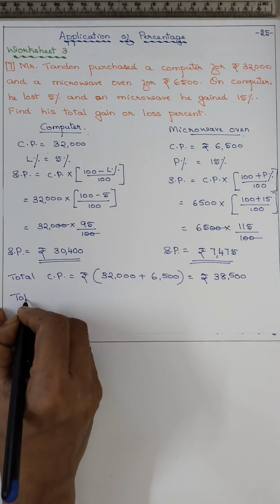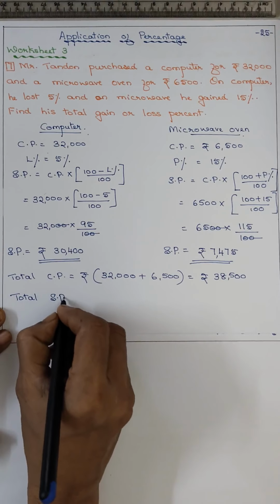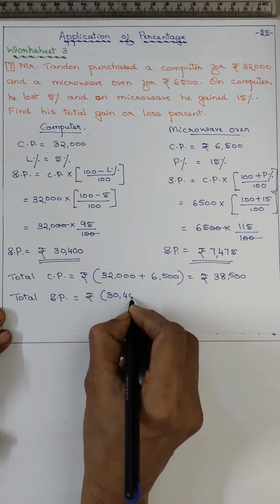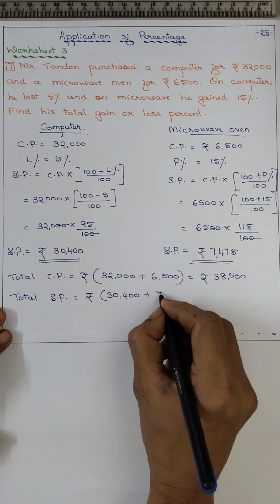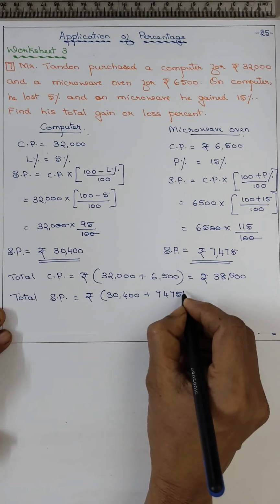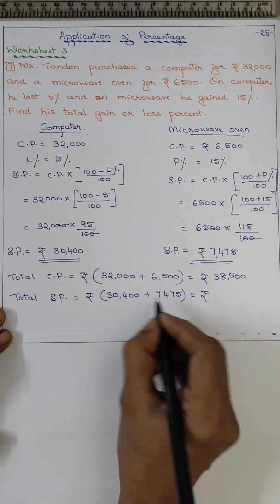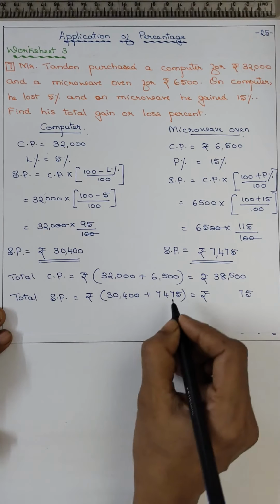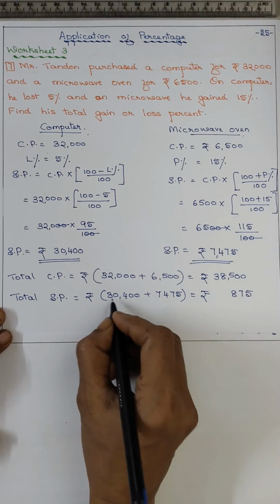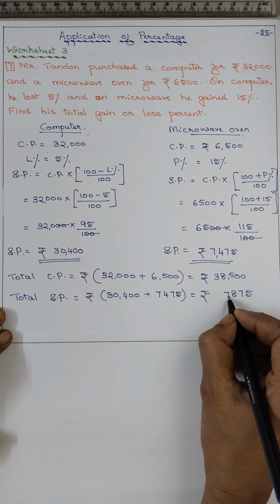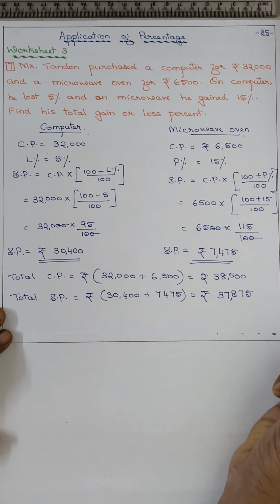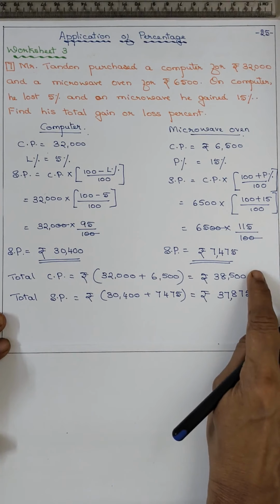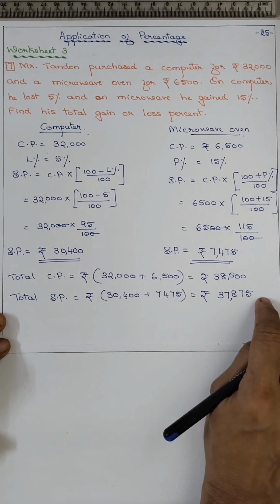Now total SP, that is rupees 30,400 plus 7,475. You got 37,875. Now CP, SP, which is greater?